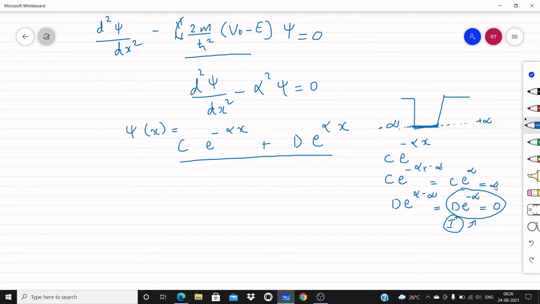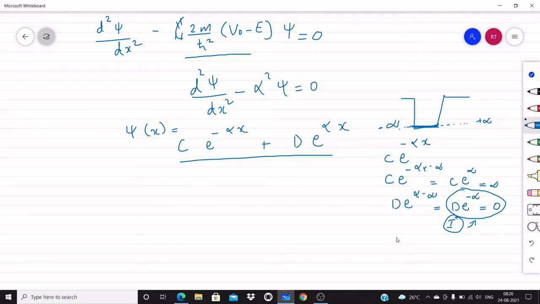If the wave function is increasing, we cannot say that the particle is possibly there. So we have to consider a finite value or a decreasing value of the wave function in that region. So for region 1, this is the relevant term. And likewise for region 3.